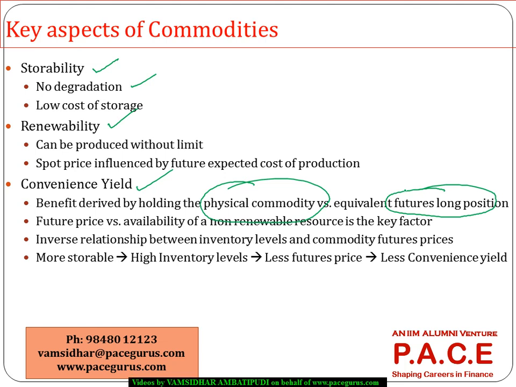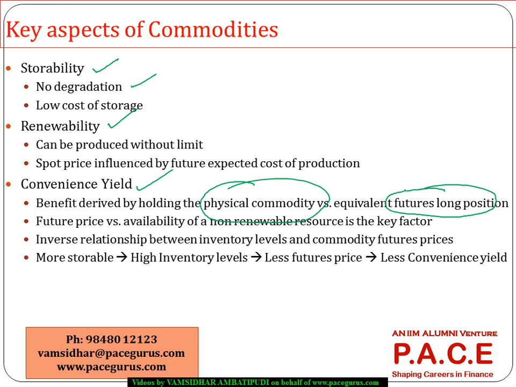So that kind of monetary benefit that the company is getting, especially from the perspective of the buyer and the user of the commodity, whatever is that monetary benefit which the company is getting by holding this commodity rather than holding an equivalent long futures position is what we are calling a convenience yield.